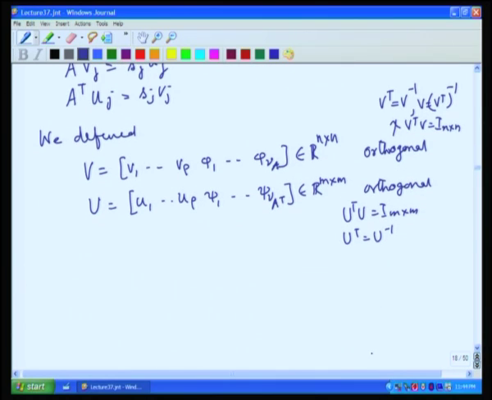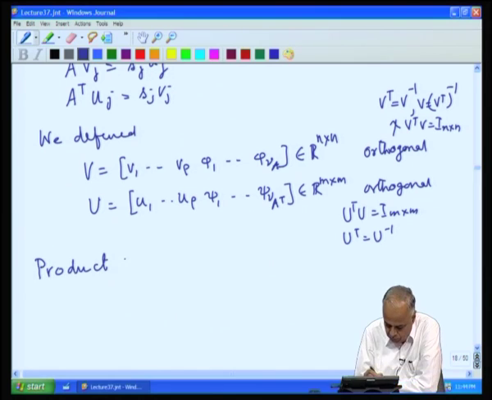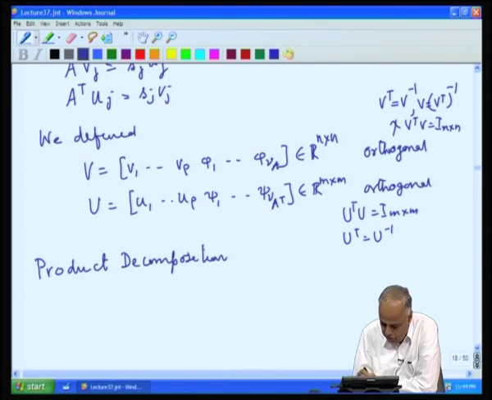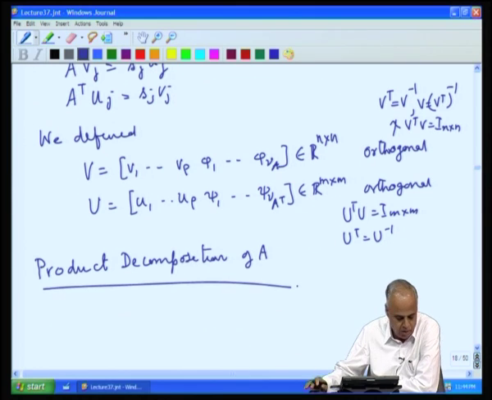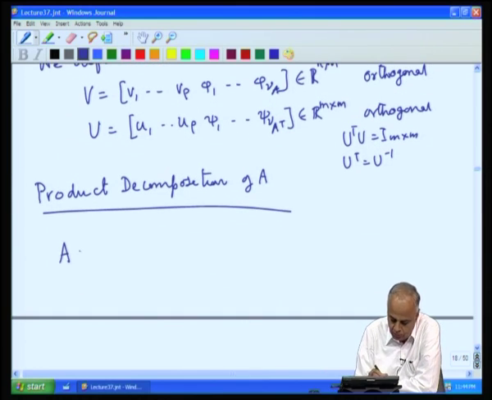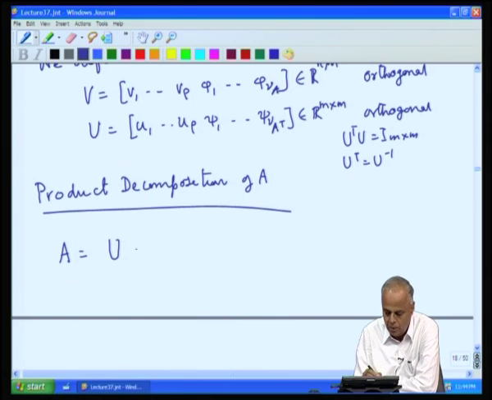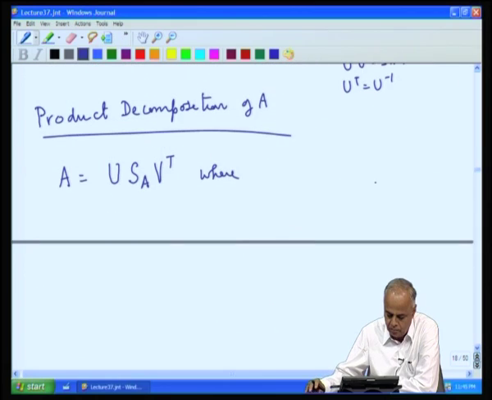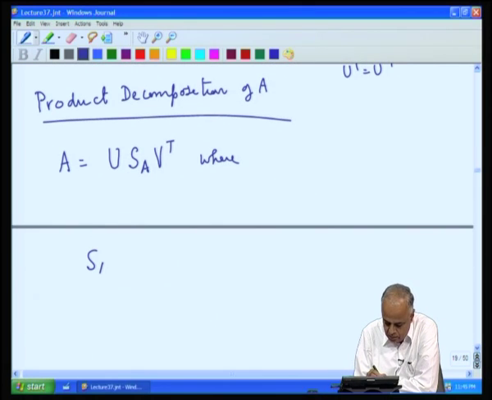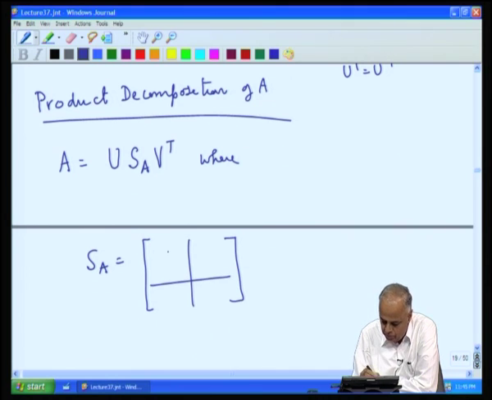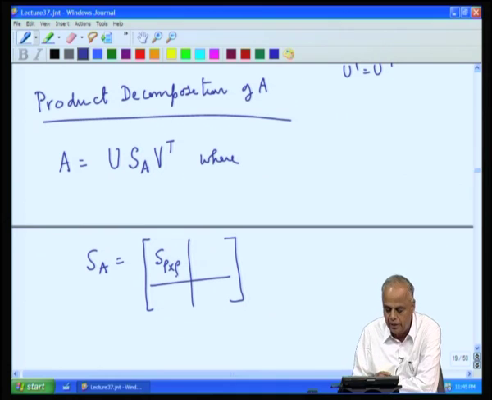We had these two orthogonal matrices, then we had this product decomposition. The product decomposition of A is A equal to U S A V transpose, where S A was, in block form, S rho by rho matrix, a diagonal block.